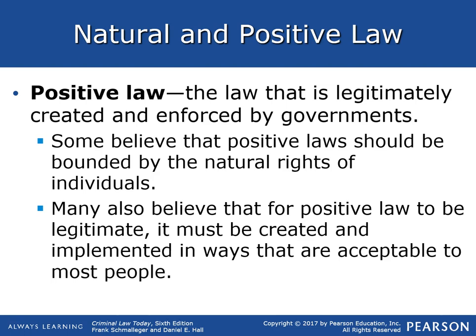Then we have positive law, the law that is legitimately created and enforced by governments. Some believe that positive laws should be bounded by the natural rights of individuals, and many also believe that for positive law to be legitimate, it must be created and implemented in ways that are acceptable to most people.